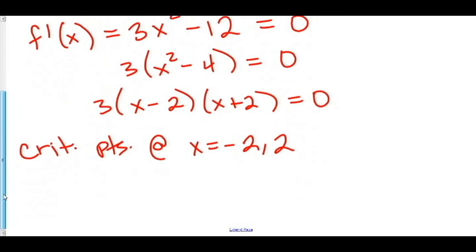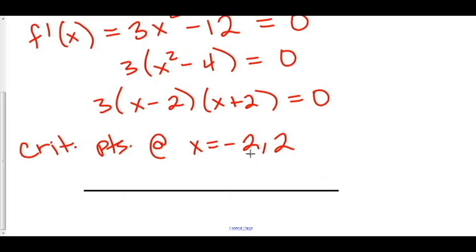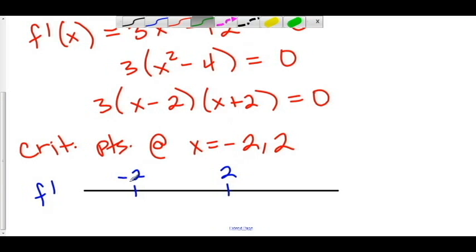We'll now do our line analysis in order to determine whether these are in fact extrema and not just critical points. So here's our line representing f prime. Here we have f prime is equal to 0 at negative 2 and f prime is equal to 0 at positive 2. Let's look to the left of negative 2 and plug it back into f prime.